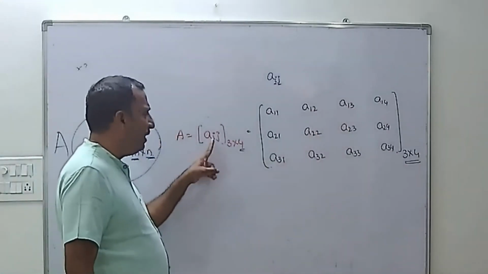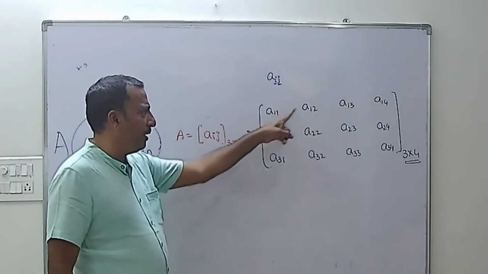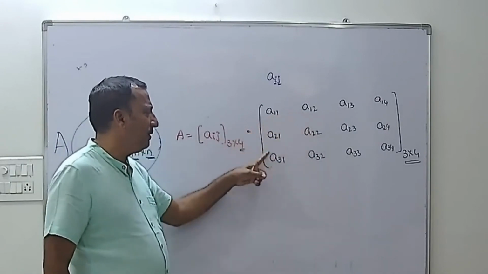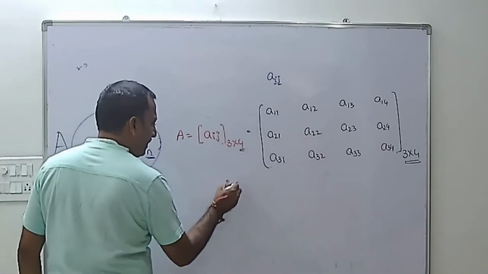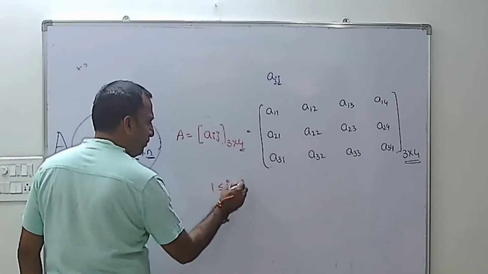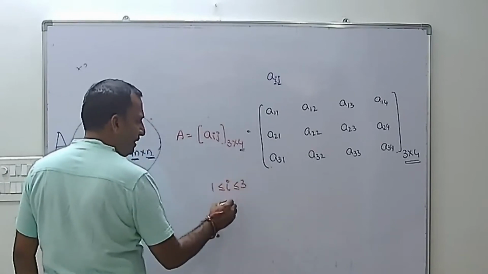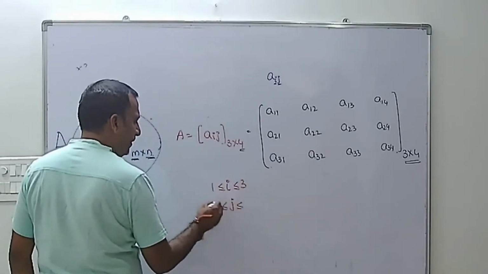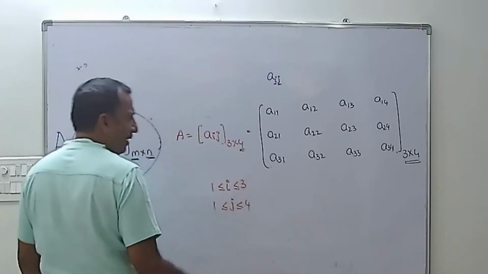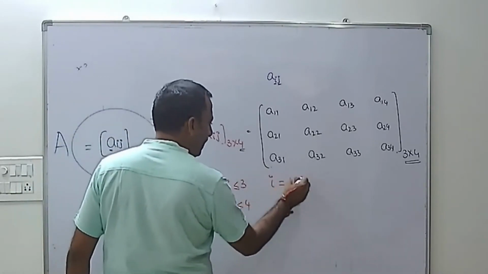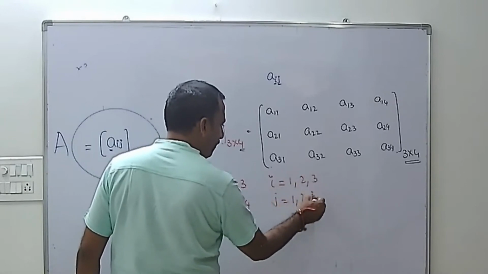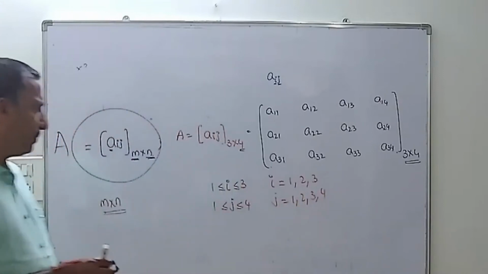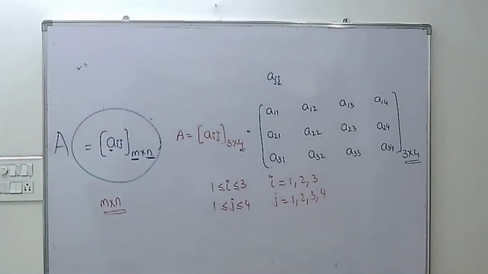First one is what? Row number. Second one is column number. So, here I ranges from what? I takes the values from 1 to 3 and J lies in between 1 and 4. Ante I takes the values 1, 2, 3. J takes the values 1, 2, 3, 4. Okay.